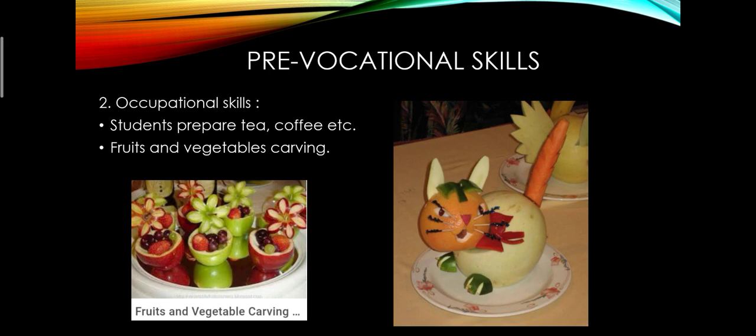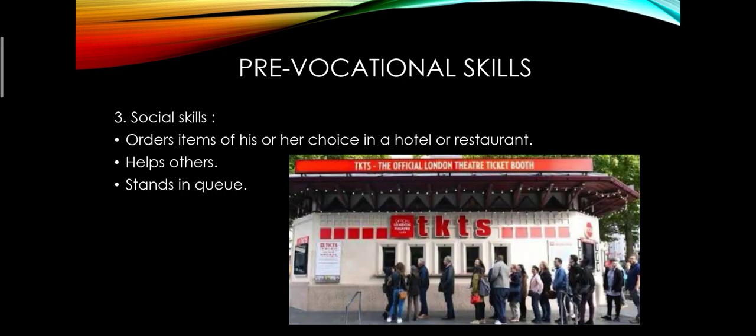Fruits and vegetable carving. Here in these pictures, the students can know how to carve the fruits and vegetables. Here the students used orange and potato, and with the help of carrot they can make a cat. Like this, by showing a demo to the students, they can carve the fruits and vegetables.